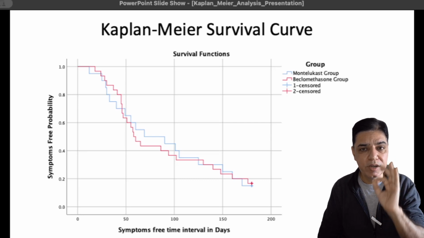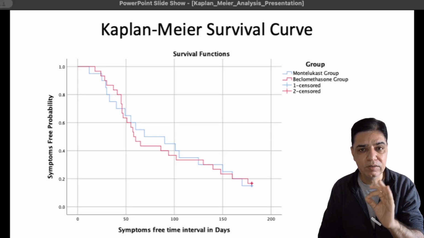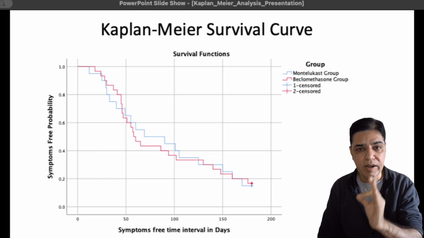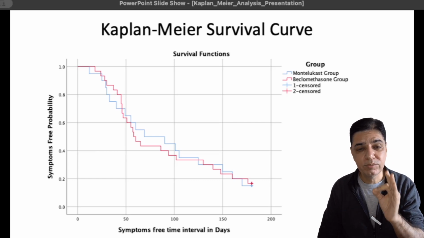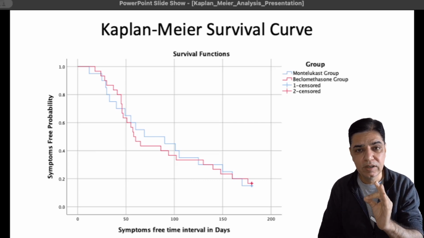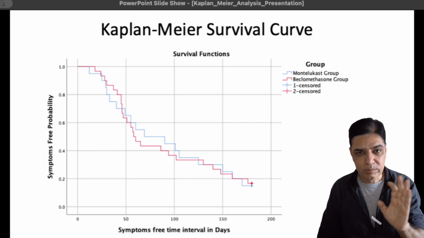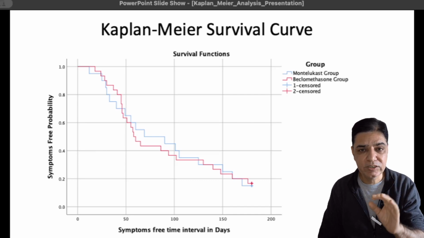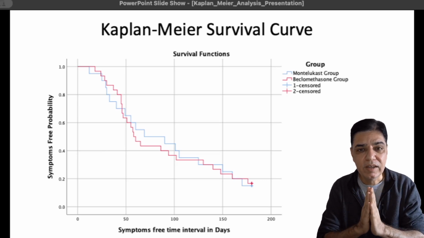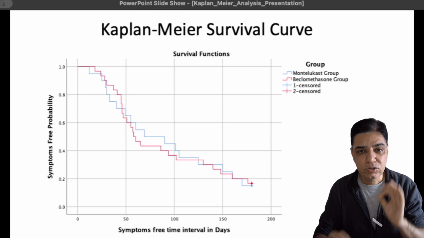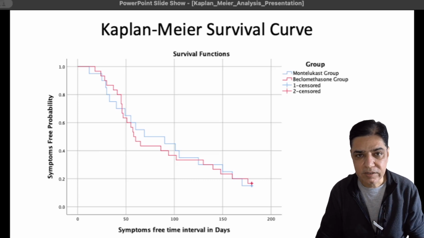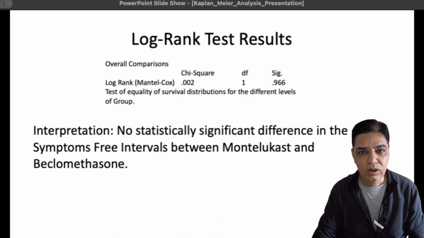Whenever you hear about a Kaplan Meier survival curve, remember log rank test. There is another method known as the Cox regression hazards model. Forget about that, I will explain it in some other lecture. But when you say Kaplan Meier survival curve, 95% of the time we run what we call a log rank test. So when we run the log rank test on this one, what does it show?